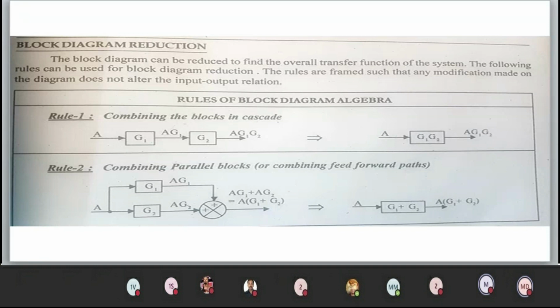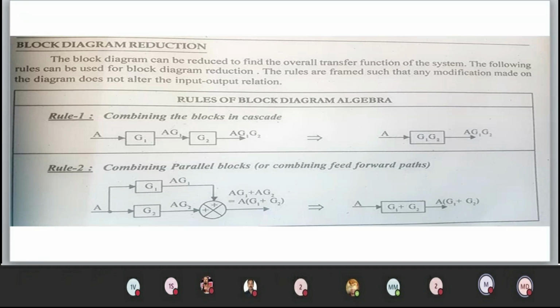Rule number 2. You can notice that both the blocks are connected in parallel. How will you identify that both the blocks are connected in parallel? You can notice that the arrow mark is pointing towards the forward direction.